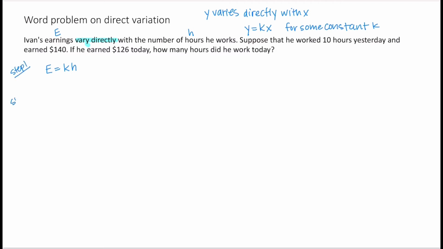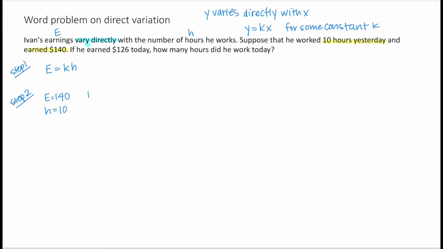Our step two is going to be solve for k. We're going to figure out what k should be based on the original. So if we look at what happened originally, he worked 10 hours yesterday and earned $140. So yesterday, he earned $140 for 10 hours of work.